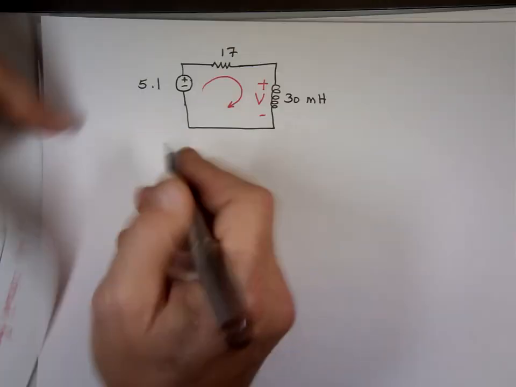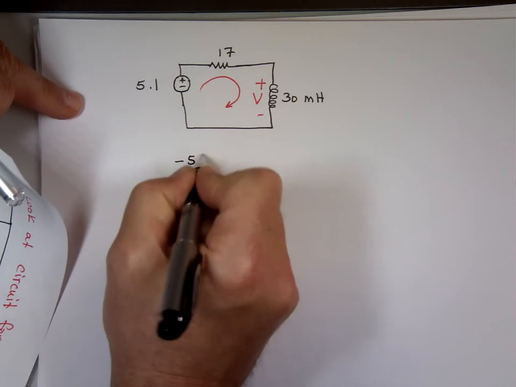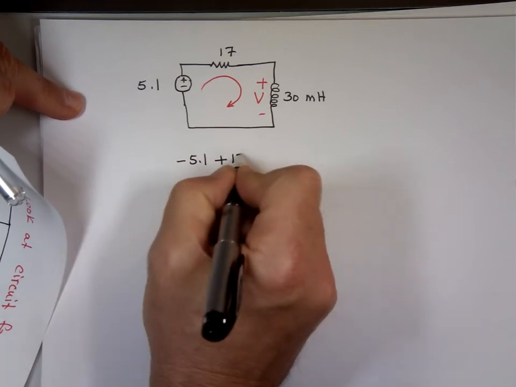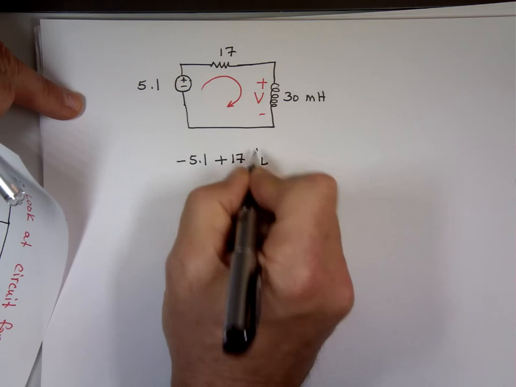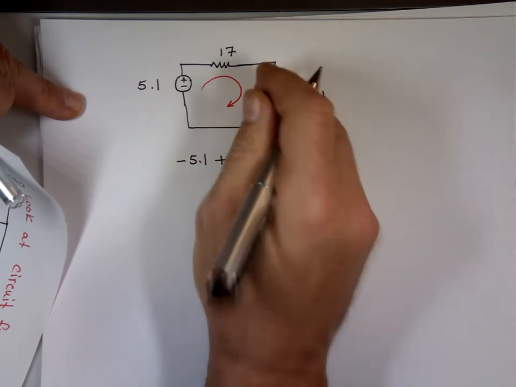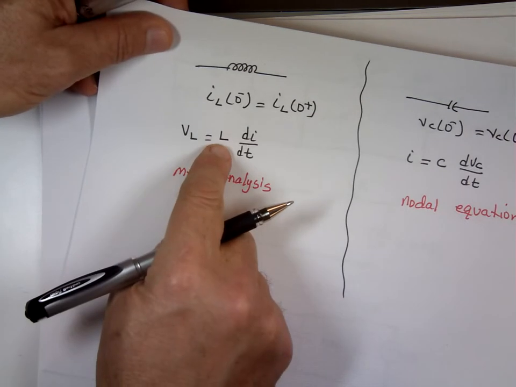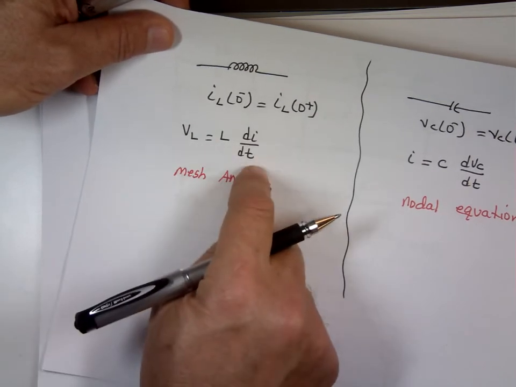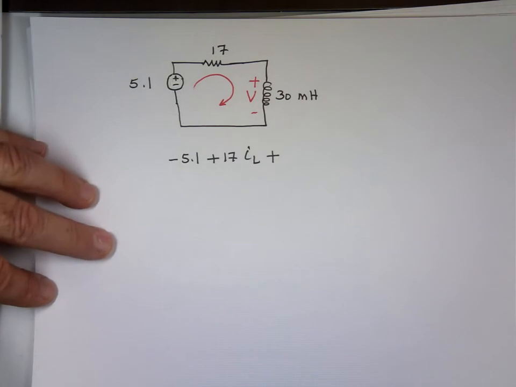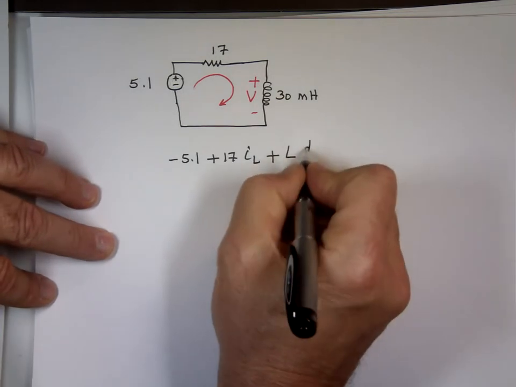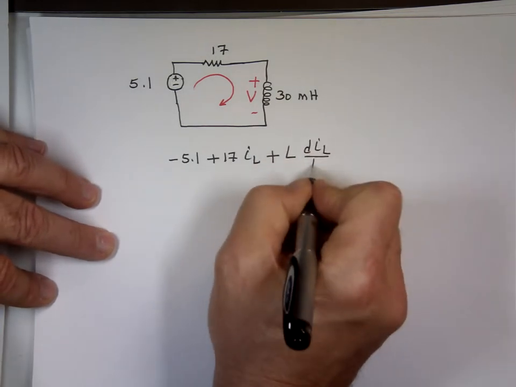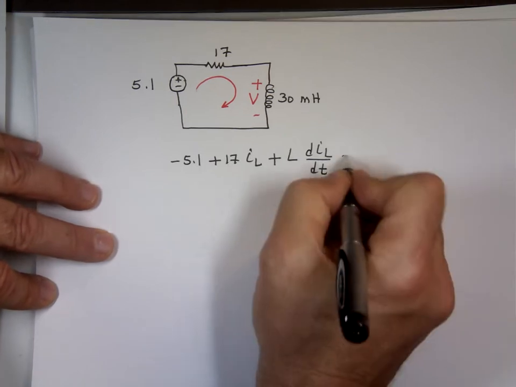Negative 5.1 plus 17 times I sub L plus the voltage across the inductor. What did I say the voltage across the inductor is? L di/dt, equals 0.